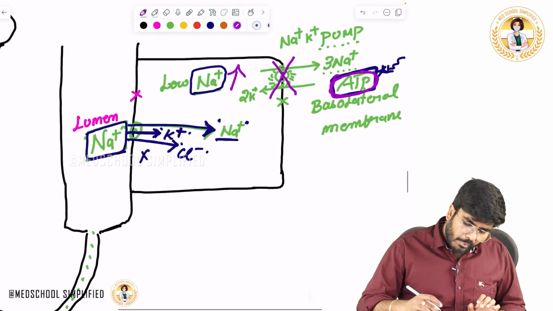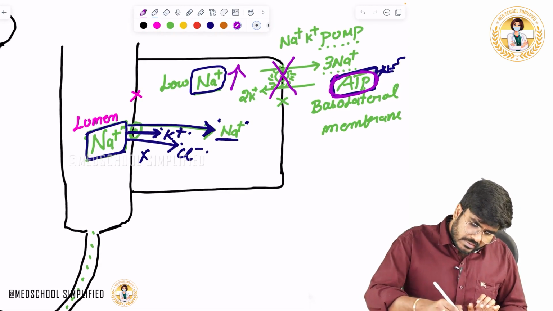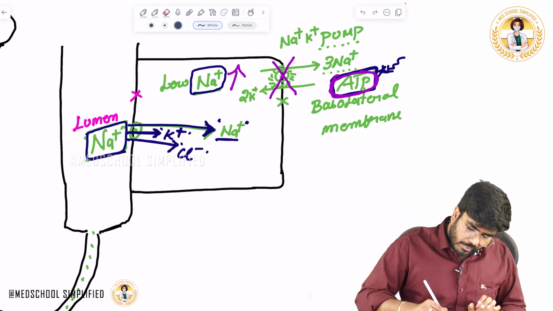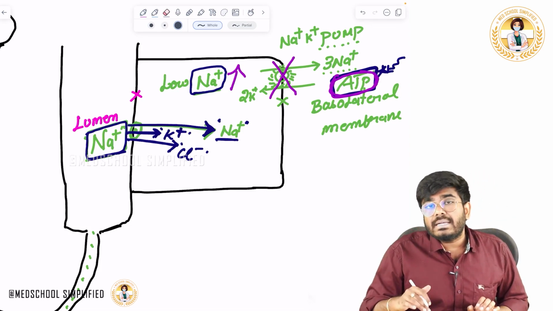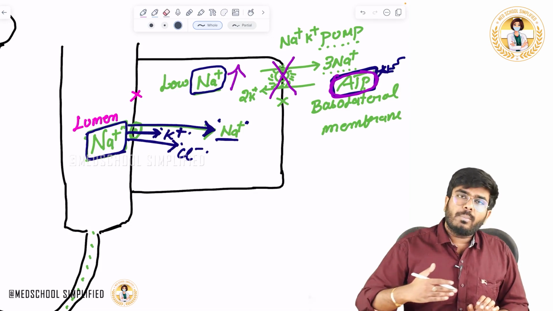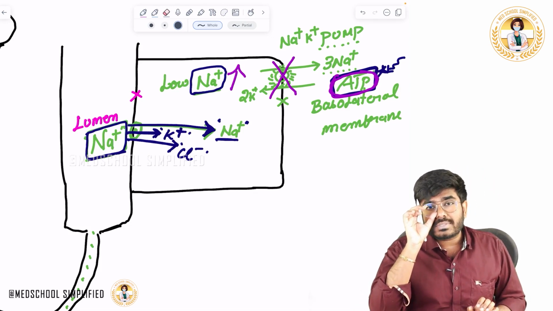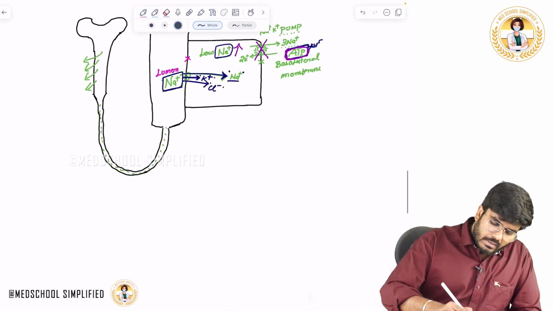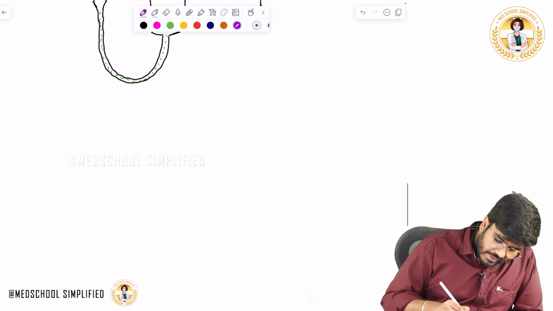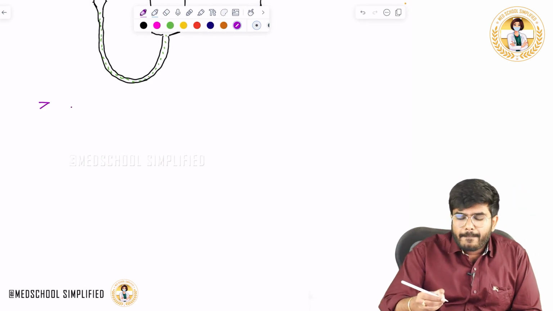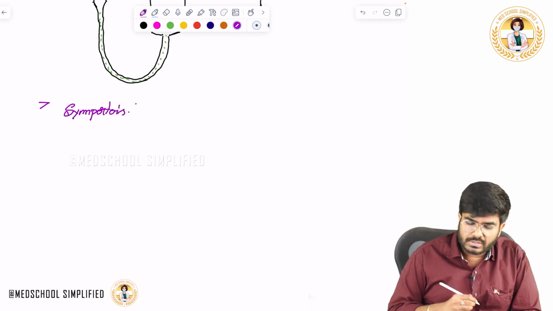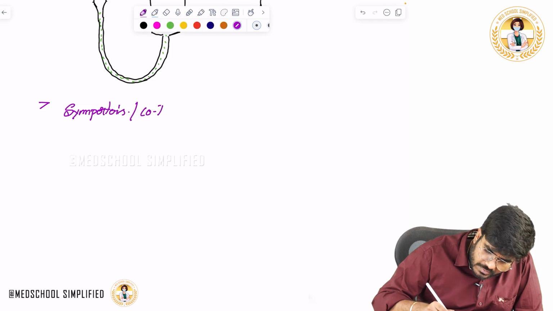The sodium potassium 2-chloride symporter, which I am talking about right now, is an example of secondary active transport. The sodium movement, potassium movement and chloride movement are all examples of secondary active transport. Let me write here, how to identify it in an easy way: wherever you see the word symporters, symporters are co-transporters.